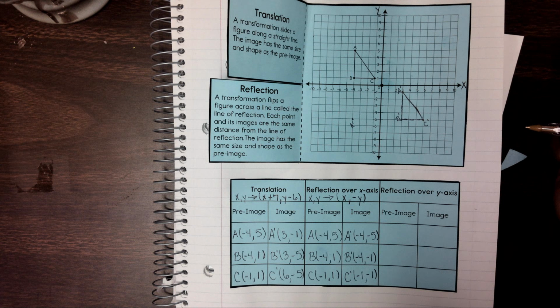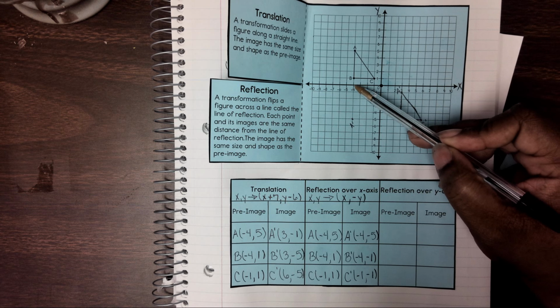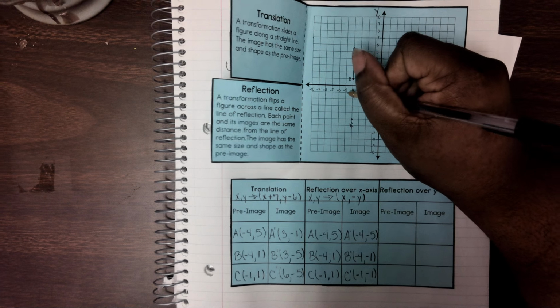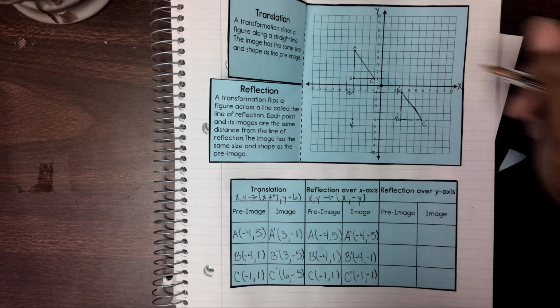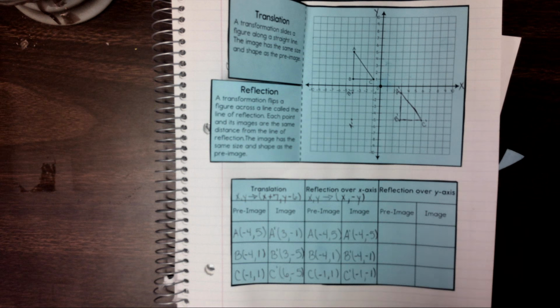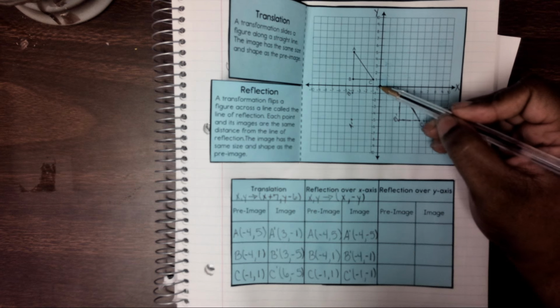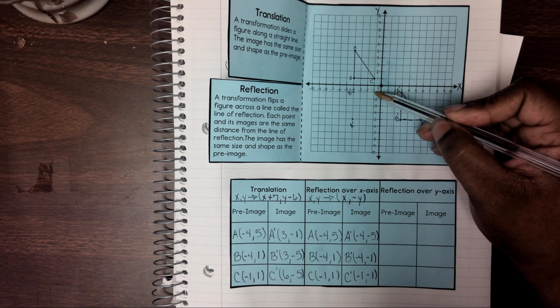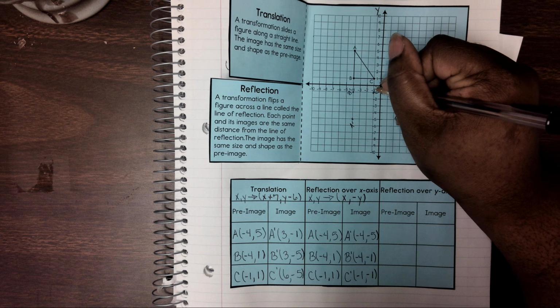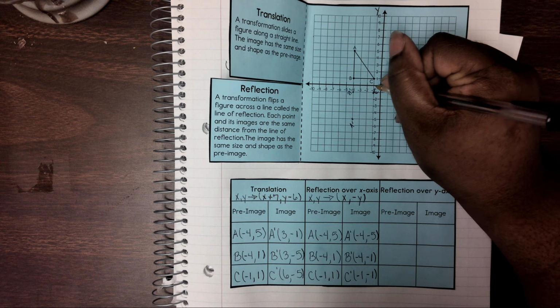B prime is at -4, comma -1. So -4, -1. C prime is located at -1, comma -1. -1 down to -1. And again, every time you plot your point, please make sure that you label.